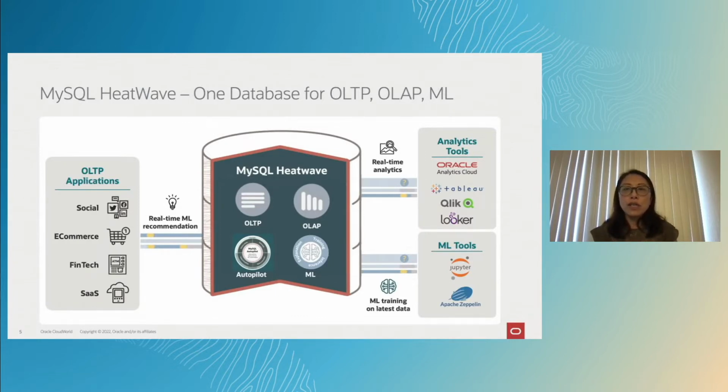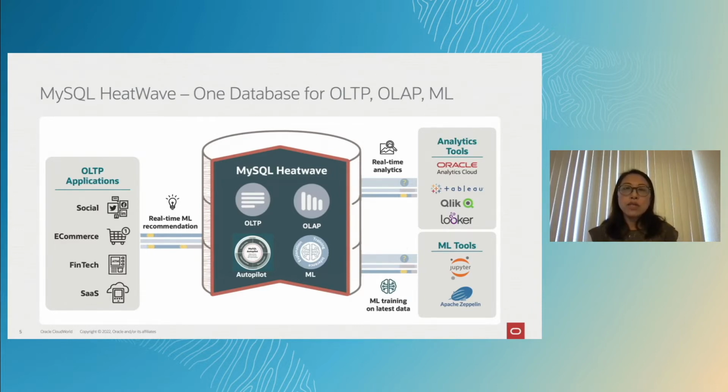We also provide machine learning for our end users to be able to train and inference MySQL data very easily. Similar to analytics, the tight integration allows us to quickly load the data into the HeatWave cluster and then use that for machine learning purposes.